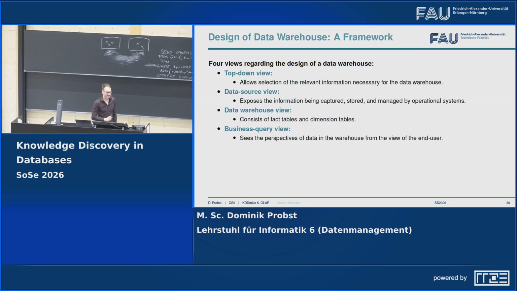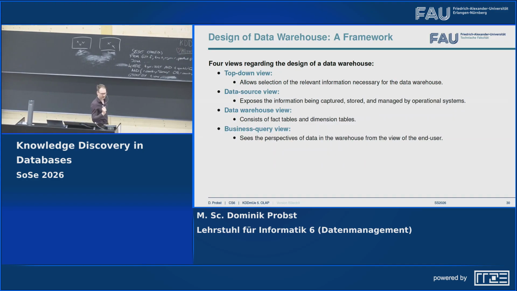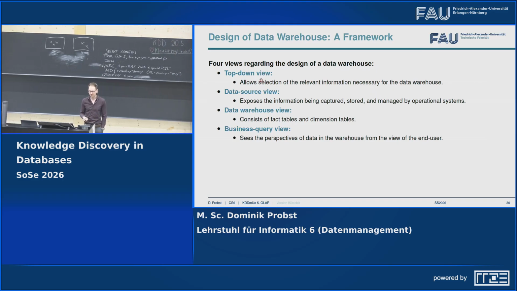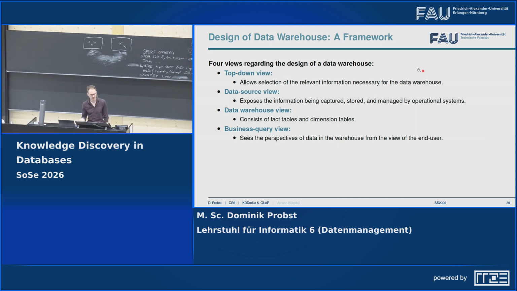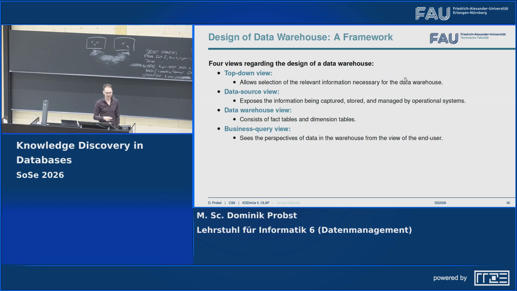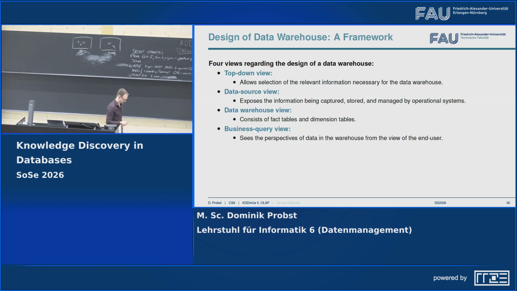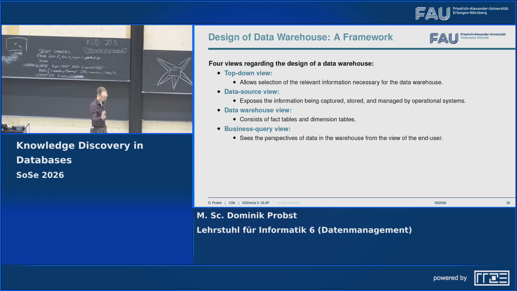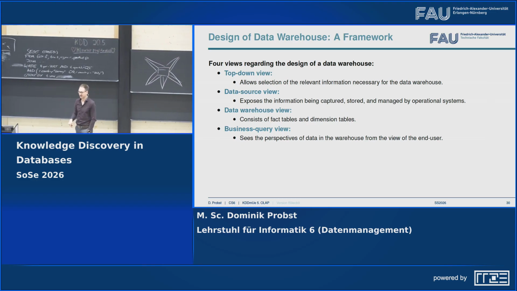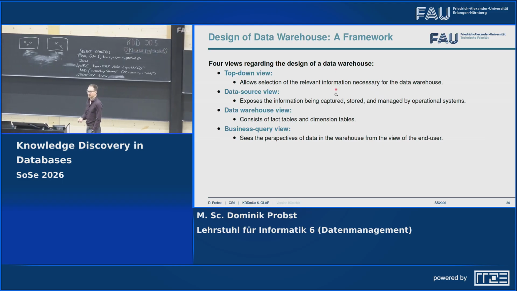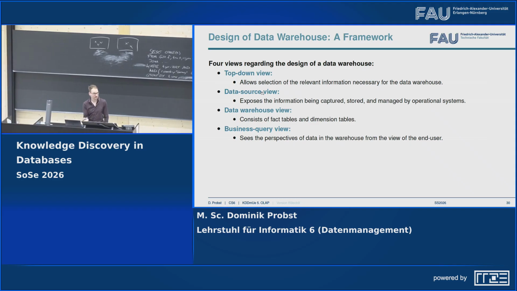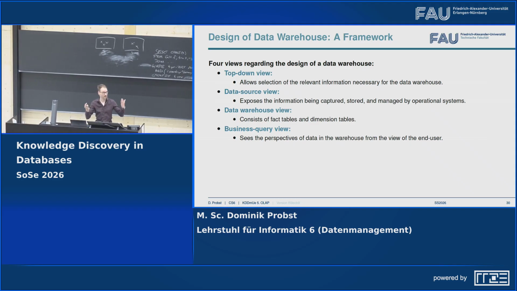We can design a data warehouse in different ways. We can, for example, go top down. So we select all the relevant information necessary for a database, then we select how many dimensions we want to have, and then we select the data. We can have a data source view where we start at the data point and then build a data warehouse around that.